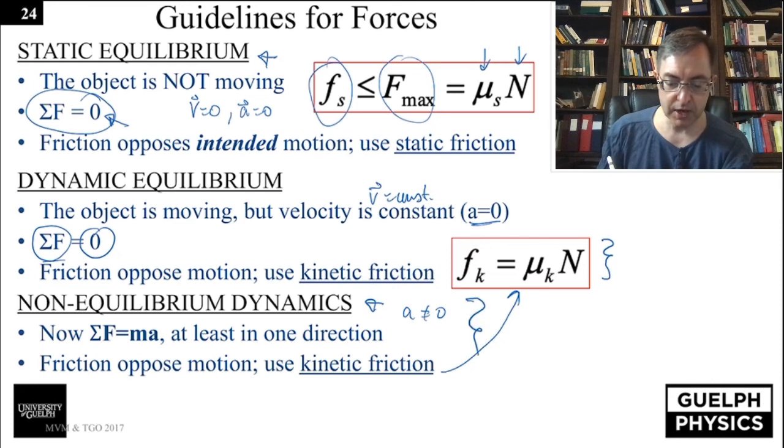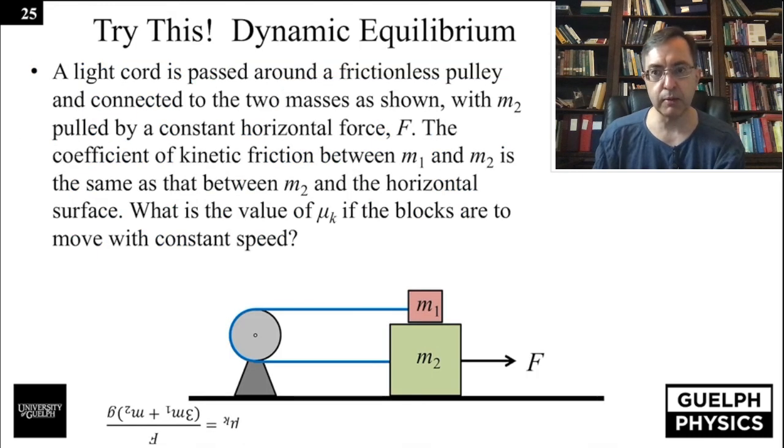And we spent some time doing these non-equilibrium dynamics problems, and we spent some time doing these static equilibrium problems. I didn't actually do a dynamic equilibrium problem where there's a constant velocity, but I'll leave you with this problem to do by yourselves.